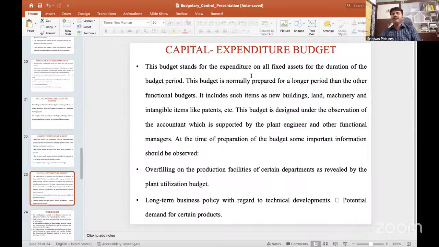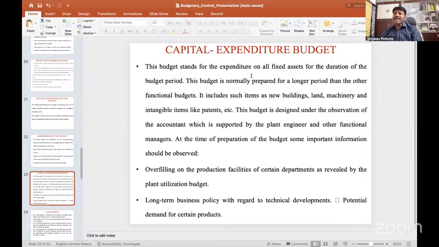Capital expenditure budget. What is the meaning of capital expenditure budget? First, what is capital expenditure? The amount spent on acquiring fixed assets or fixed properties is called capital expenditure.